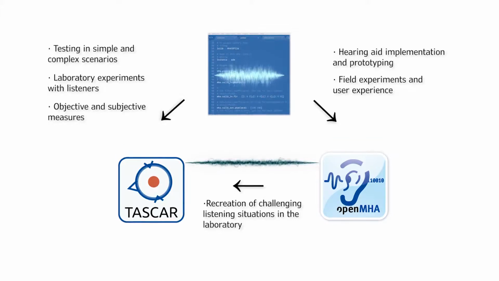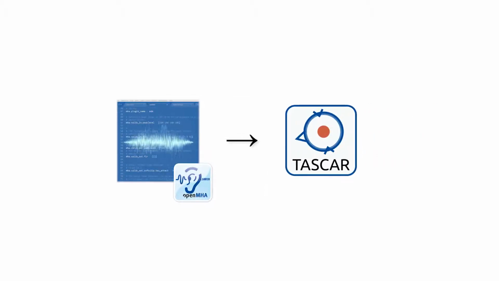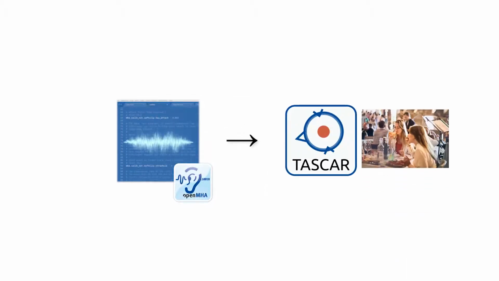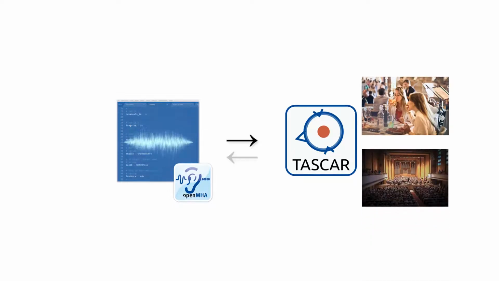Let's put an example. You write your code, let's say in openMHA, and you test it in Tasker in a couple of scenarios, like a cafeteria and a concert hall. You iterate your algorithm until it works very well in these scenarios.